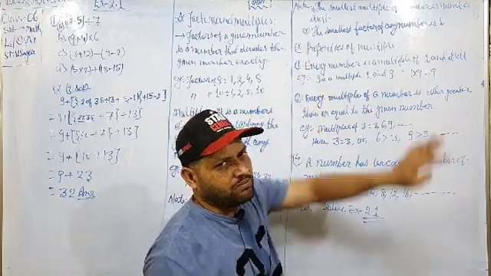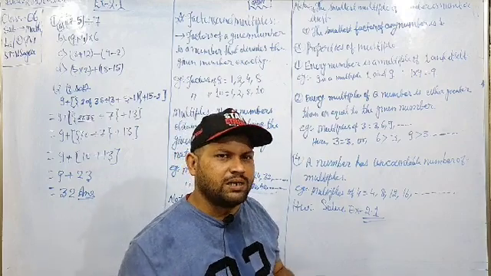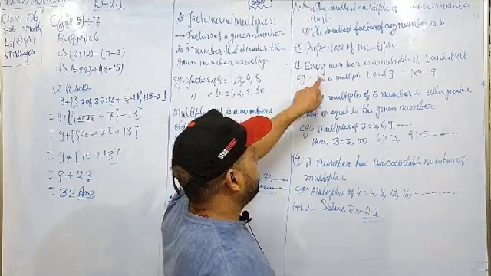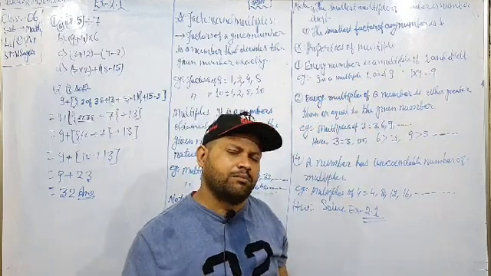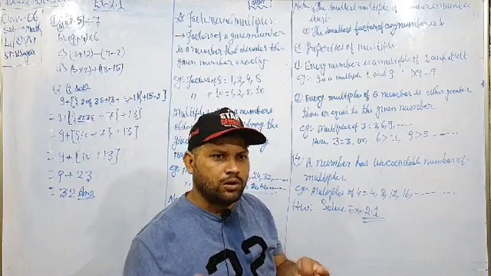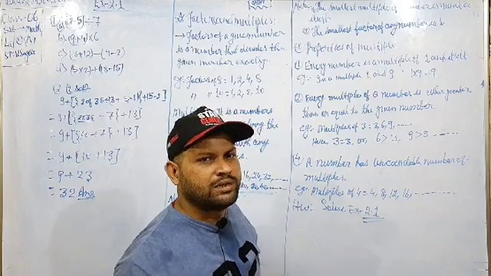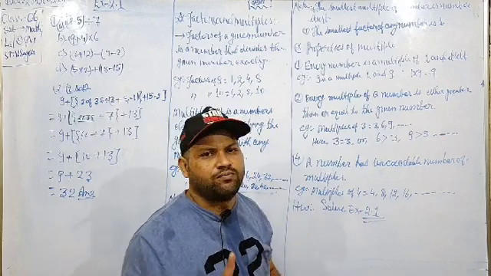Now, properties of multiples. What are the main properties of multiples? I am going to explain about it. Every number is a multiple of 1 and itself. Any number you take as an example will be a multiple of 1 and itself.